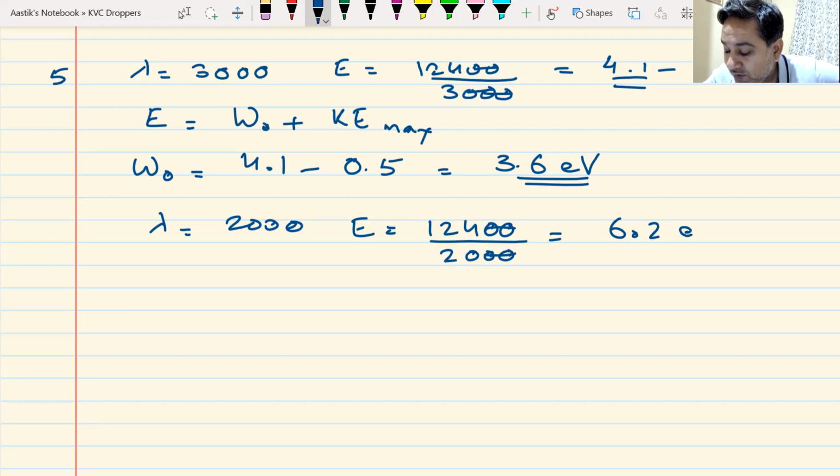So will the electron leave with more kinetic energy or less kinetic energy? More. So the answer is C: greater than 0.5.